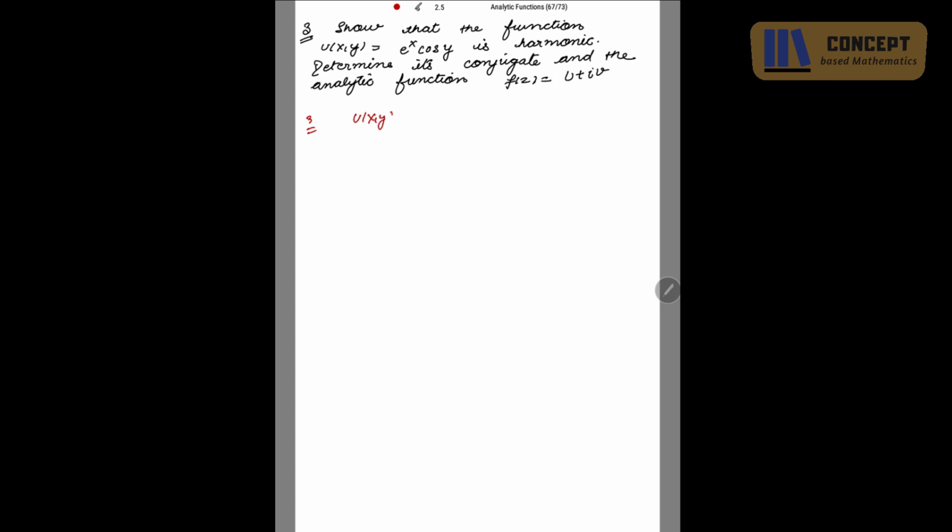Now u(x,y) is equal to e to the power x cos of y. To show this is harmonic, I should find del u over del x, that is e to the power x cos of y. Del square u over del x square is again e to the power x cos of y. Del u over del y is minus e to the power x sin y.